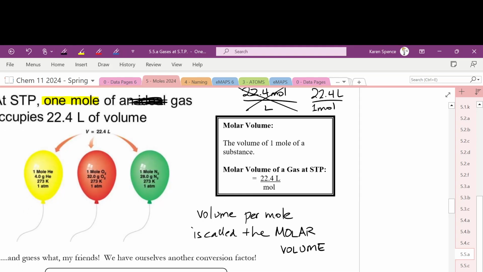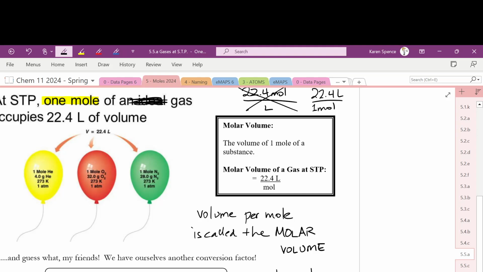Okay, and so we now have ourselves another conversion factor, which is the molar volume of a gas at STP. How many conversion factors do we have now related to the mole? Yesterday we had 6, so today we have 7, because we've added this one on.